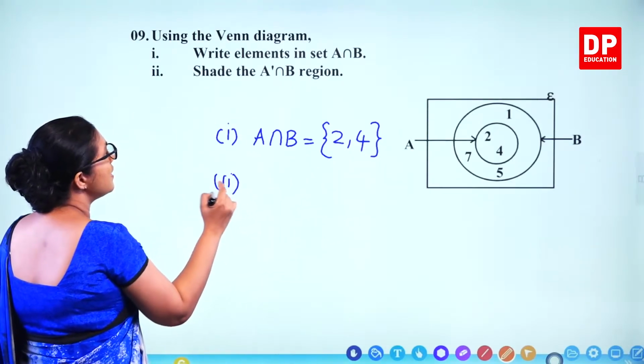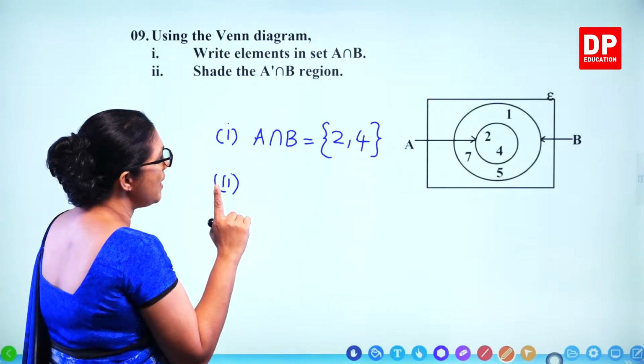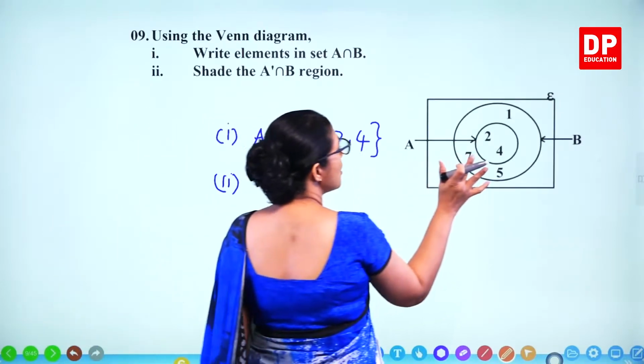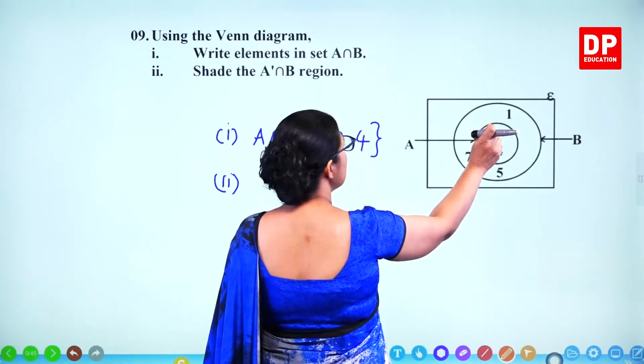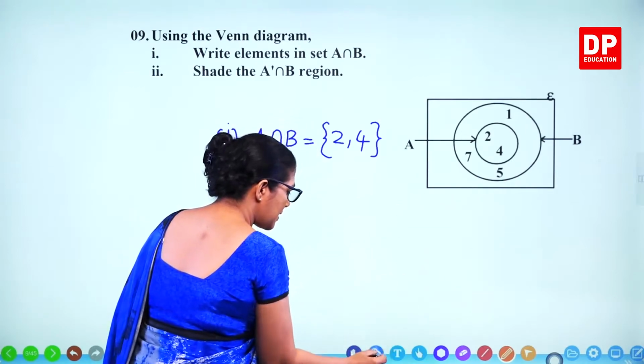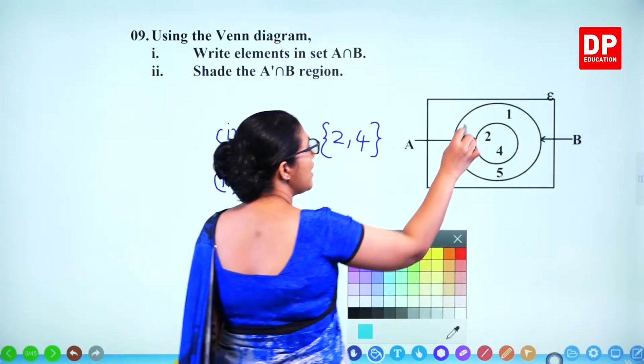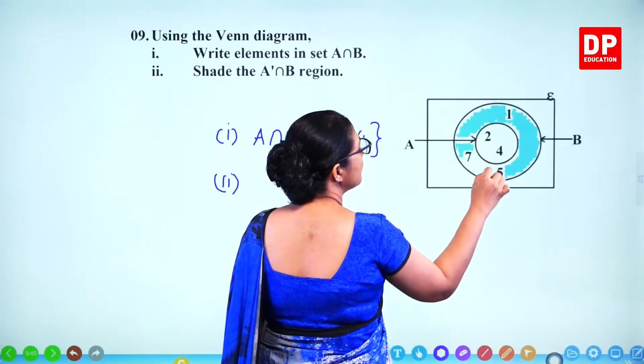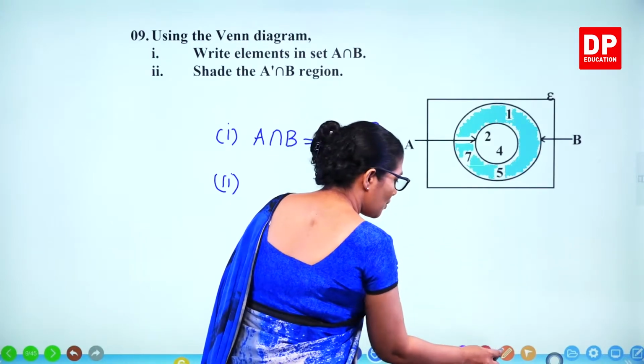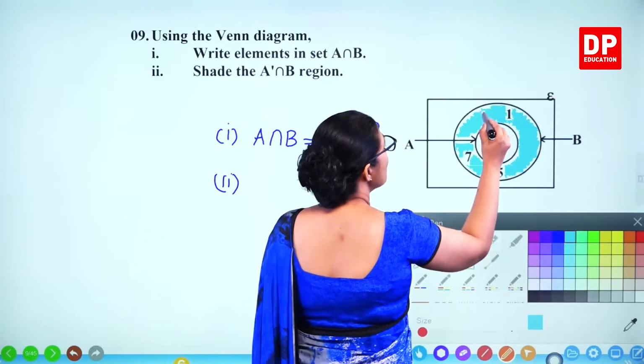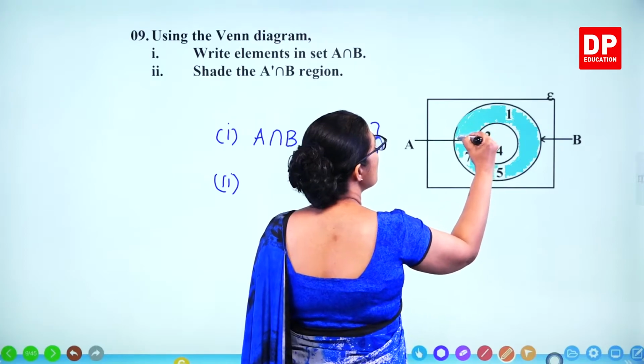Second part, shade the A dash intersection B. A dash is outside the small circle but inside the other circle. So we can shade this part. So you have to shade it properly. So this whole part.